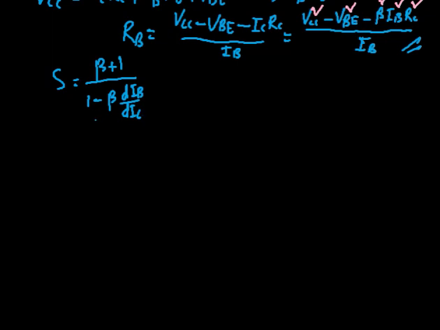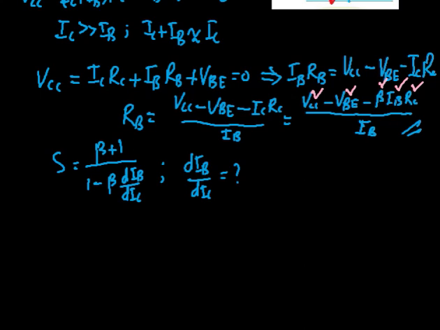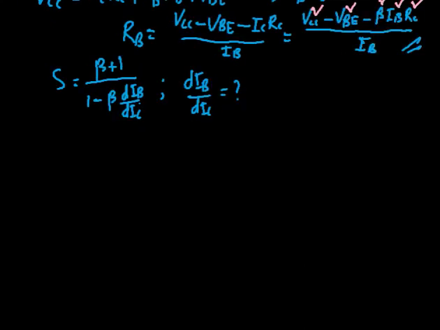So to calculate this quantity, we should know what is dIB by dIC. For that, I am taking this expression, that is VCC equal to ICRC plus IBRB plus VBE.